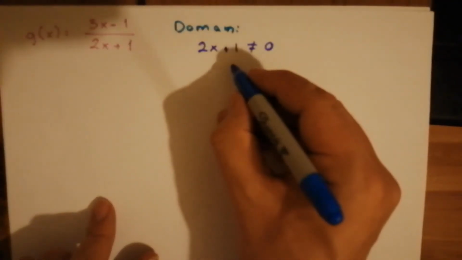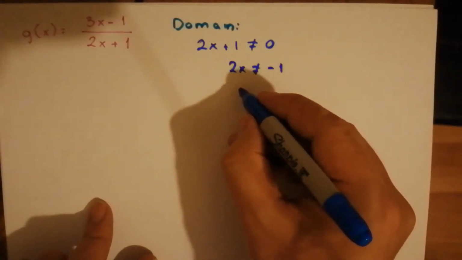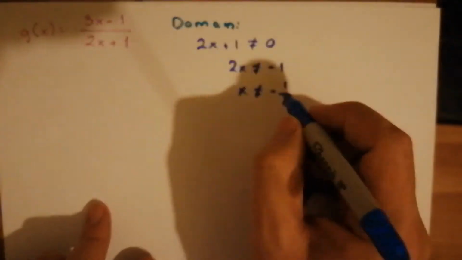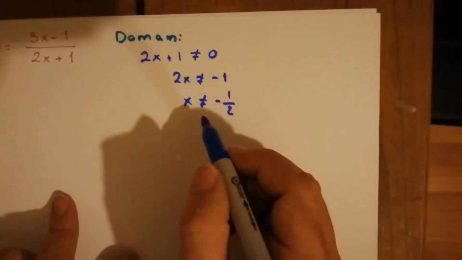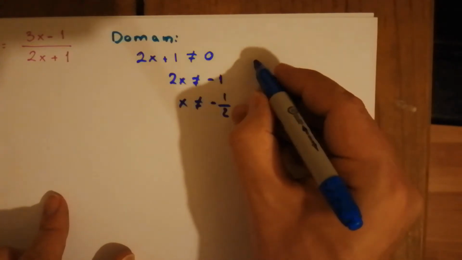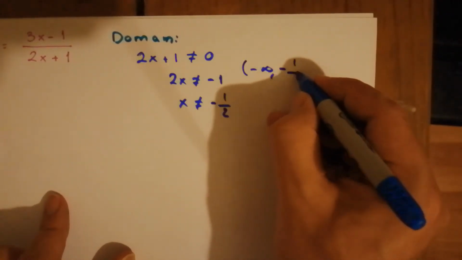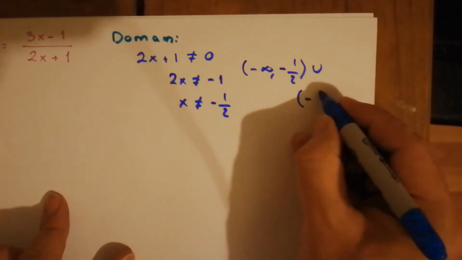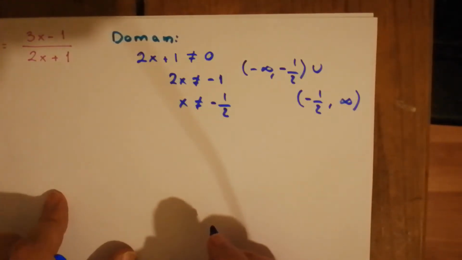Therefore, I need to isolate: 2x different than negative 1, x different than negative 1 over 2, I pass subtraction, and then I pass dividing. And then the domain is going to be negative infinity, negative 1/2, parenthesis, union, negative 1/2, comma, infinity.